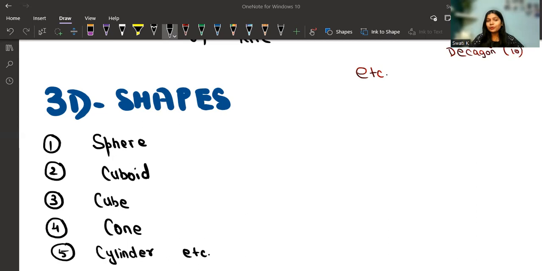We also have other types of shapes like open shapes and closed shapes, which I'm not including here. Again, I don't want to make it very long. I hope you understood the video, the main difference between 2 dimensions and 3 dimensions.